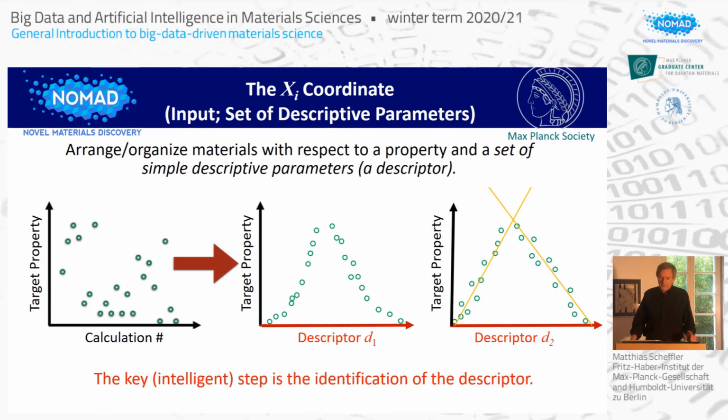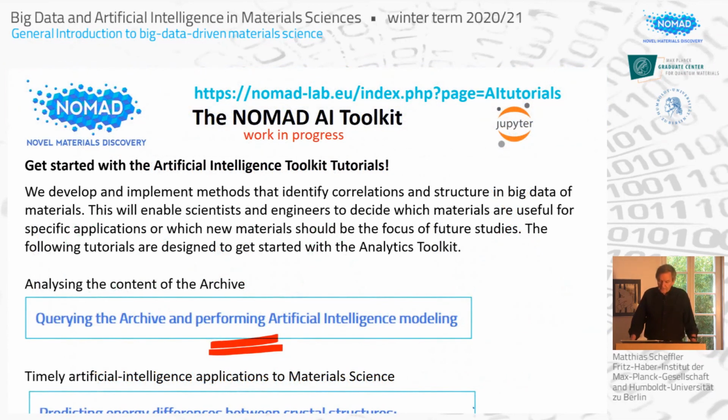Now let me finish this very first lecture today by showing you the web page of the Nomad Artificial Intelligence Toolkit. This is what you will use, not today and not next week, but in the tutorials later, to learn and maybe also modify artificial intelligence methods.